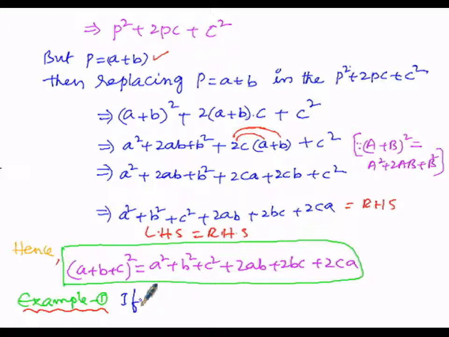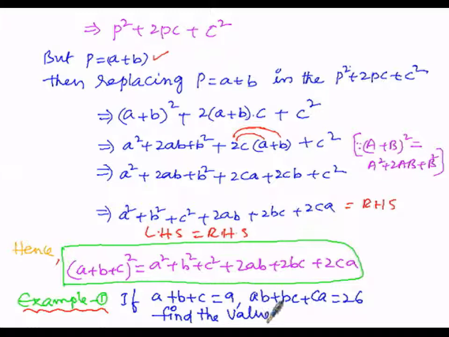If A plus B plus C equals 9, and AB plus BC plus CA equals 26, then find the value of A square plus B square plus C square. So here we have to find out the value of A square plus B square plus C square when this condition is given. So the solution starts now.